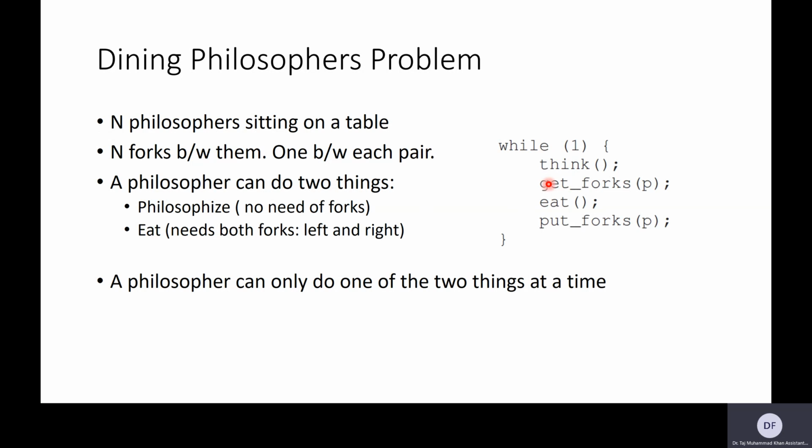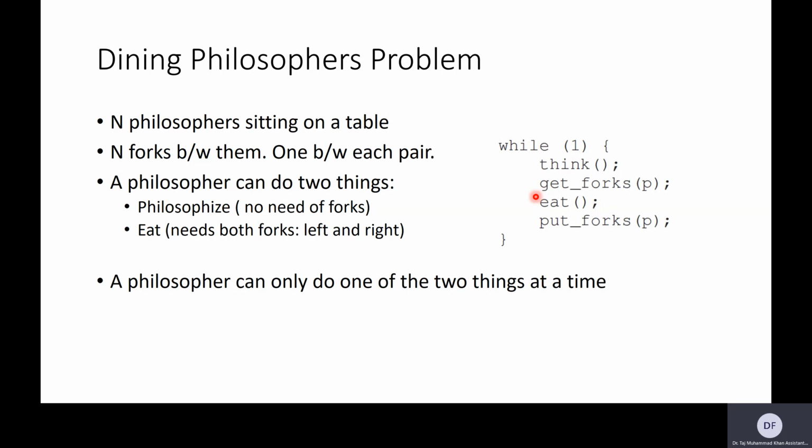Only once they have acquired both forks can they go ahead and eat. So in this get forks function, we have to implement a waiting condition: the philosopher has to wait until it has acquired both its left fork and right fork. Only then can it go ahead and eat.